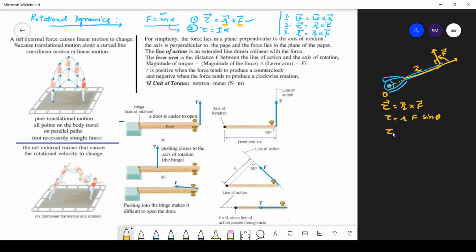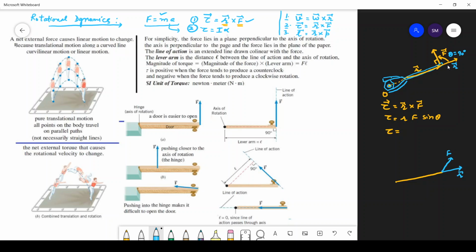Now, if we look at one more figure, suppose this is your R, and instead of applying force at 90 degrees, suppose now I'm applying the force F. Here the theta was 90 degrees.